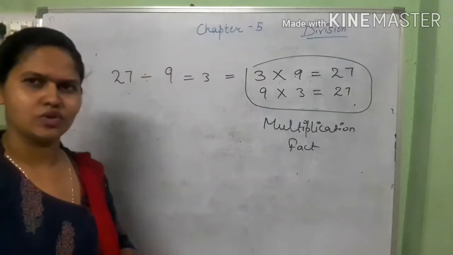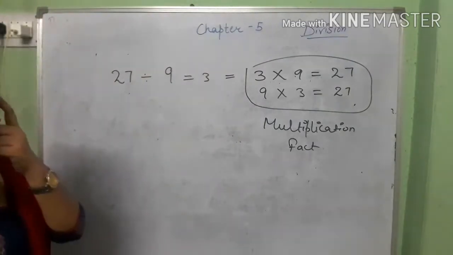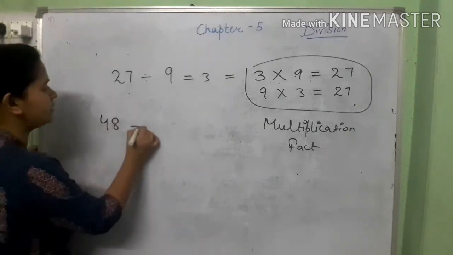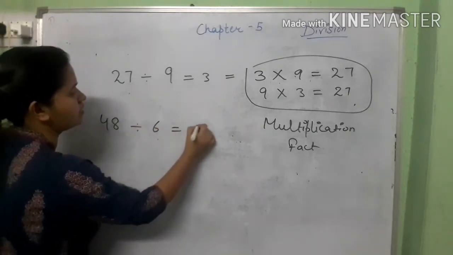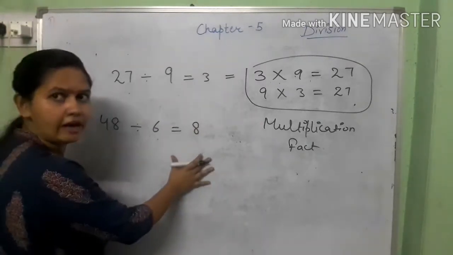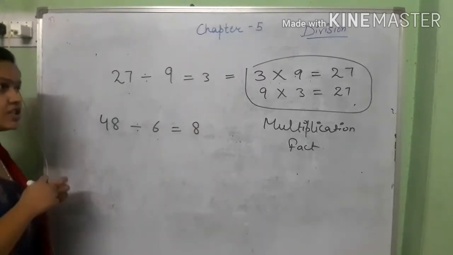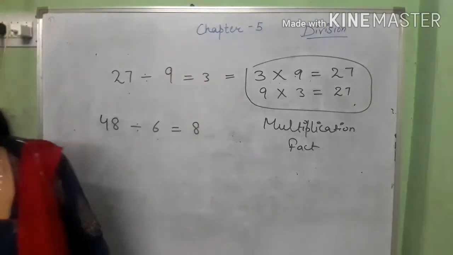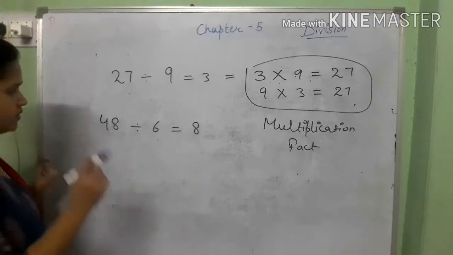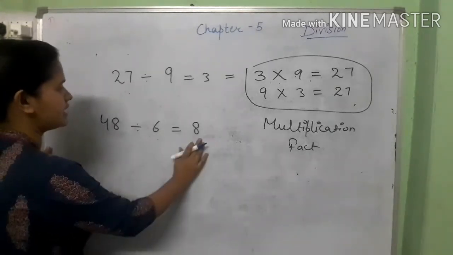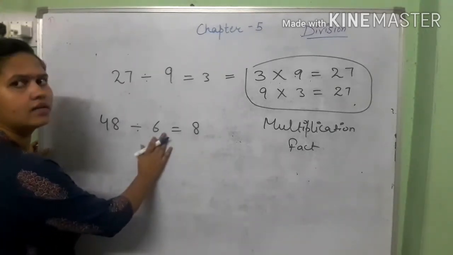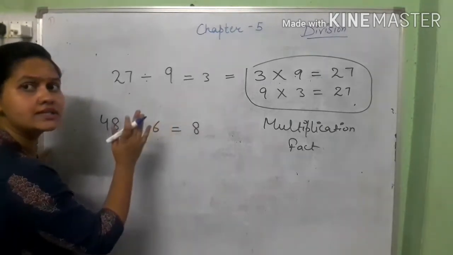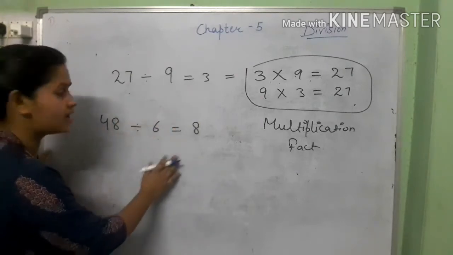Let's do the other one also. The other one is 48 divided by 6 equals 8. Now we have to change this one. How will we change it? Just like the first one, we can take one example. 6 8s are, or 8 6s are, whatever I can take. 6 6s are 36, 6 7s are 42 and 6 8s are 48.